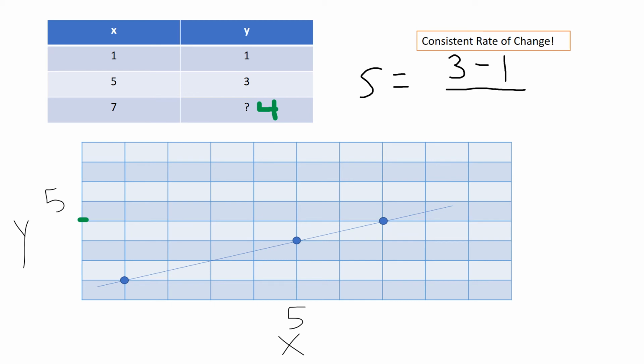So because we did the 3 first here, we want to do the 5 first on the bottom. 5 minus 1. So then we're going to get 2 over 4. And then I'm going to simplify that to 1/2. So each time that x goes up 1, y goes up 1/2. Okay?